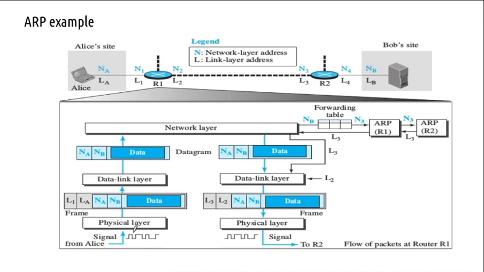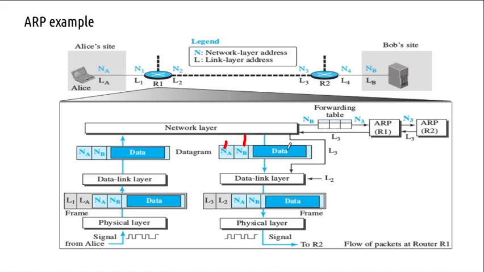At router 1, which operates at three layers: physical, data link, and network, the decapsulation process happens, and so the link address is there. Then router 1 says, I have to reach NB, and my source address is NA.